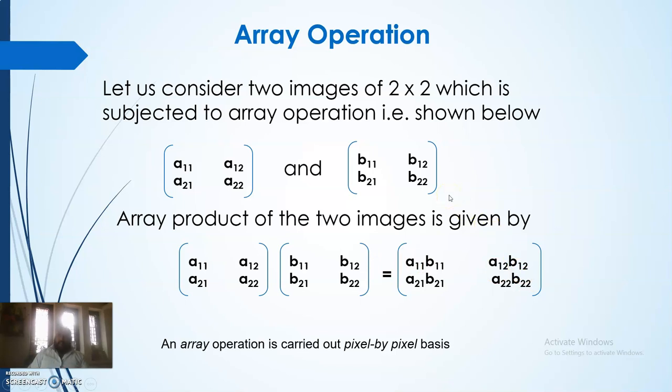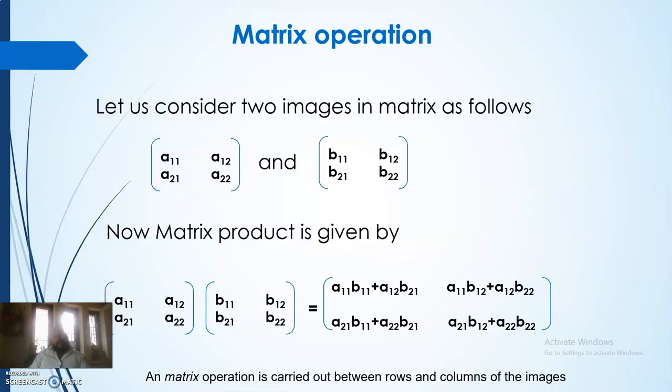Speaking about matrix operation, when the same two images are taken, here the product is carried out between rows and columns, and we will get a convoluted output. Like this, for image processing purposes like convolution, correlation, mapping, array operation and matrix operations are utilized.